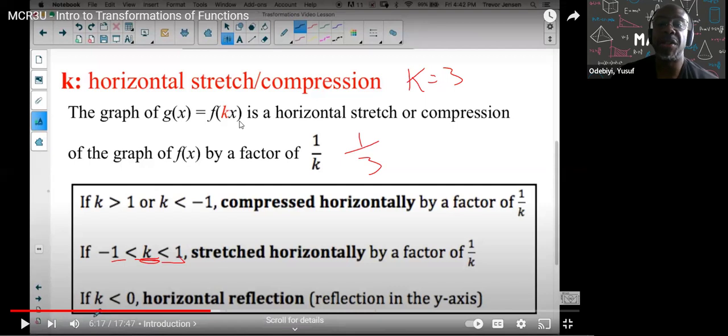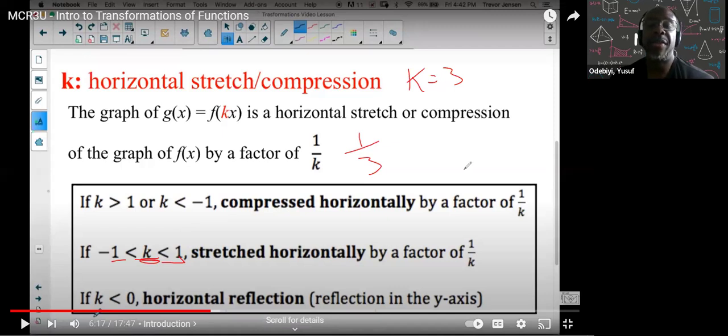It is a horizontal compression. I might have said that one wrong. It's not a horizontal compression, it's a stretch. Okay, my bad. I don't want to confuse you.